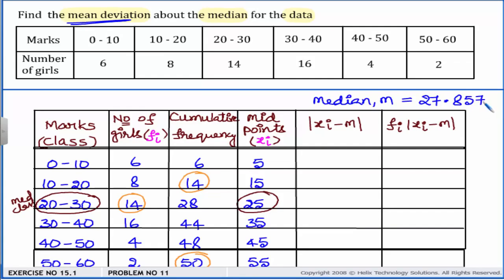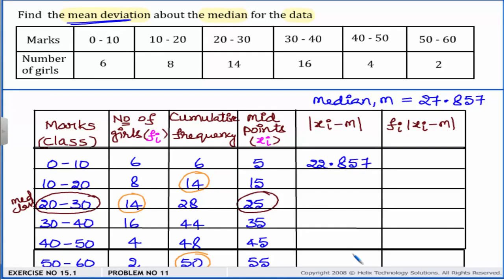Now let us find out the absolute values of the deviations from the median, that is modulus of xi minus M. Therefore the first one is modulus of 5 minus 27.857, which gives us modulus of minus 22.857, which gives us 22.857.